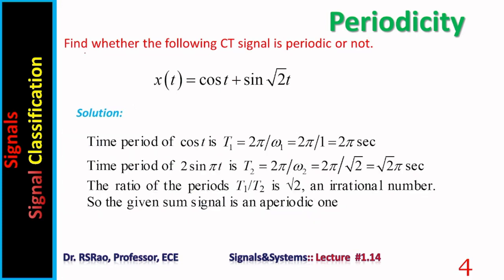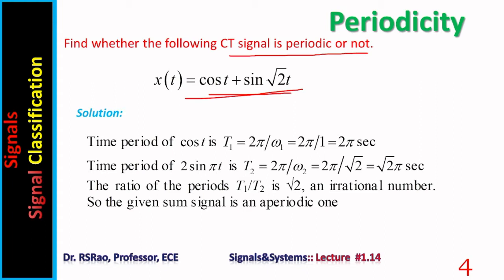Another problem, find whether the following CT signal is periodic or not. x of t is cos t plus sine square root of 2 t. So two components are there in the given signal.